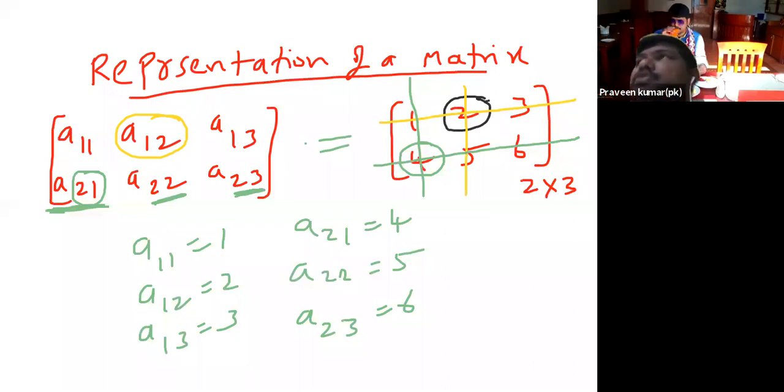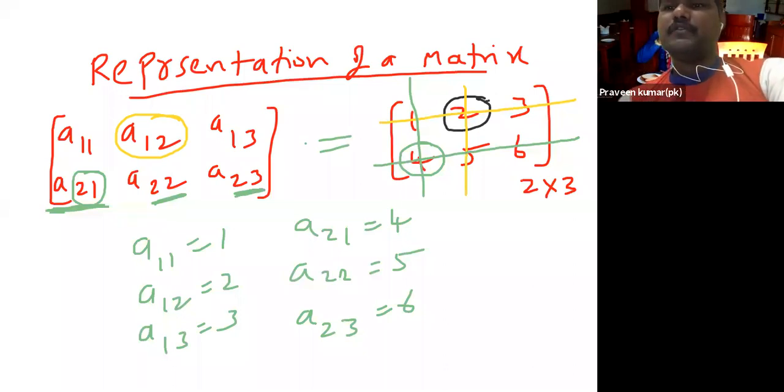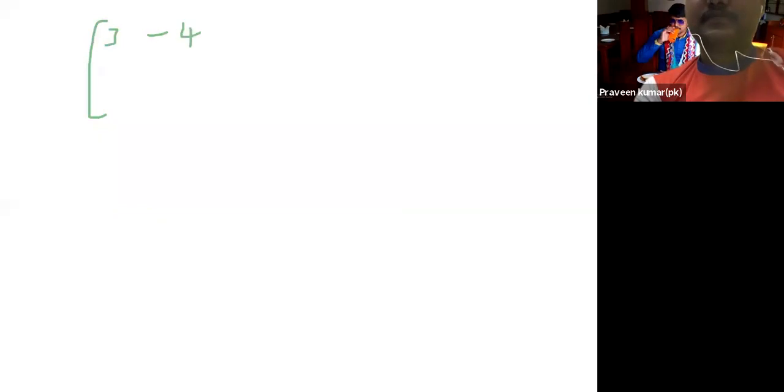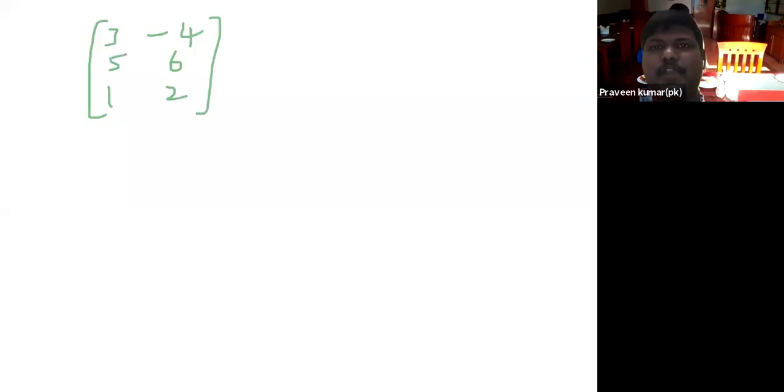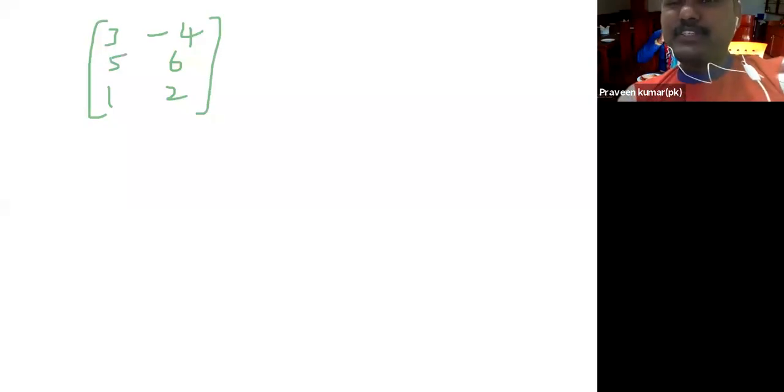Completed, everyone. Can I move to the next question? Good. Now I can give one more question. We'll discuss this. 3, -4, 5, 6, 1, 2. How to represent this particular matrix? What is the order of this matrix?